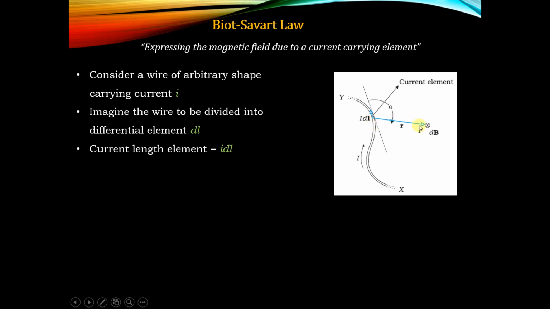Now let's consider a point P at a distance r from this current element. The angle between the tangent to the current element and this distance r is given by theta.